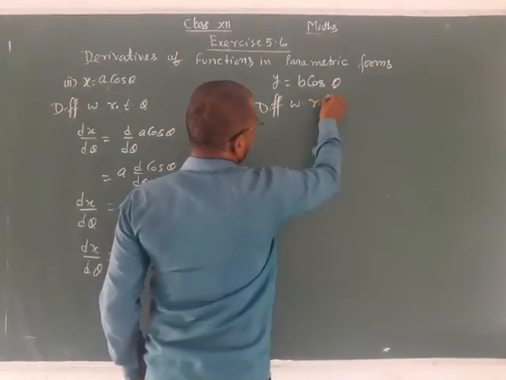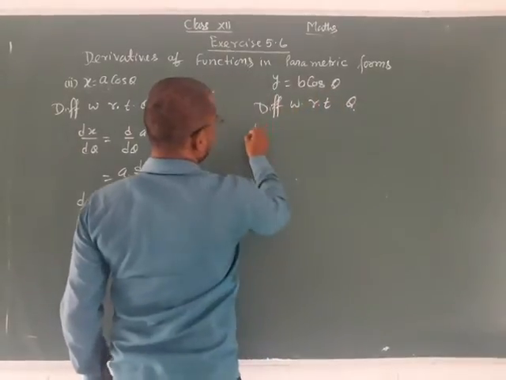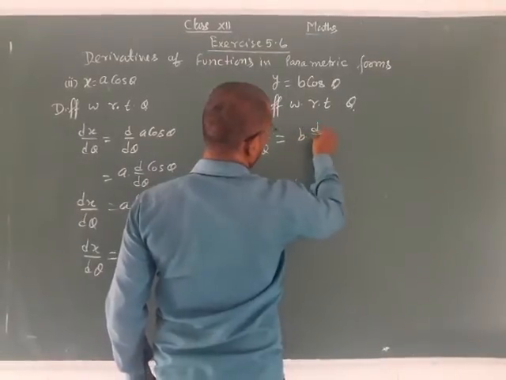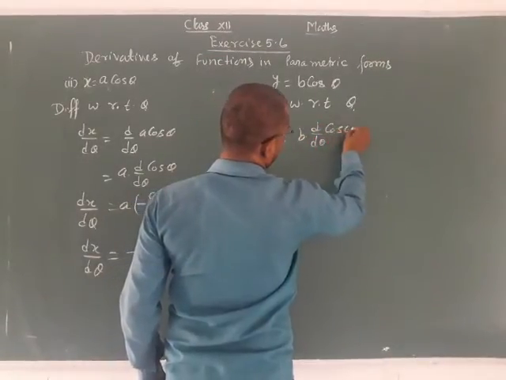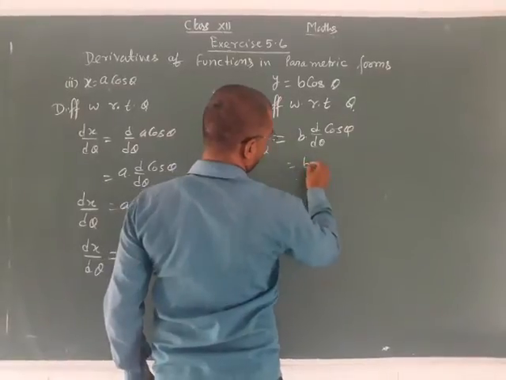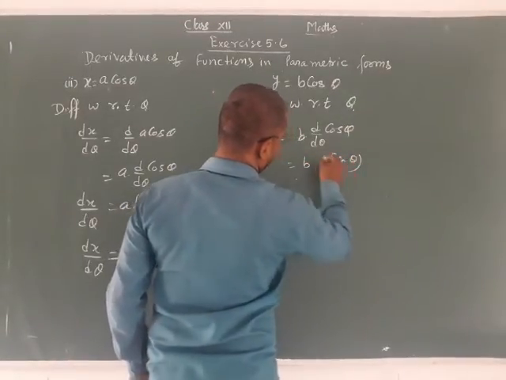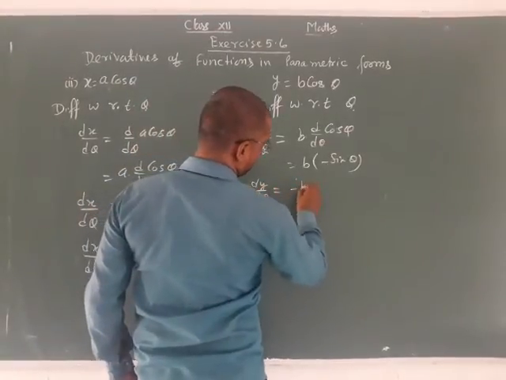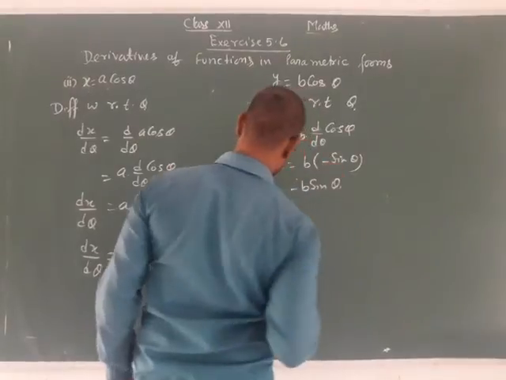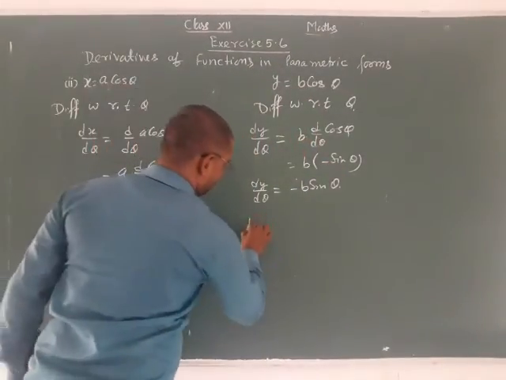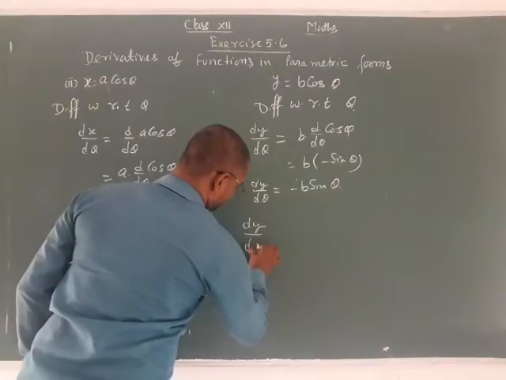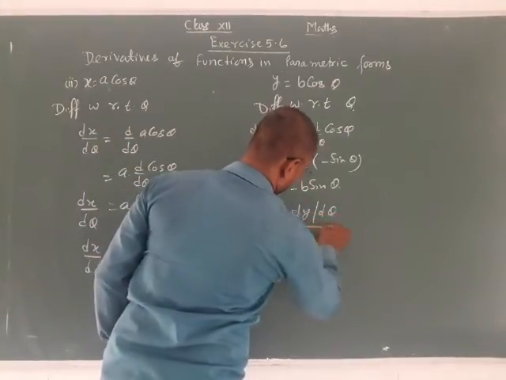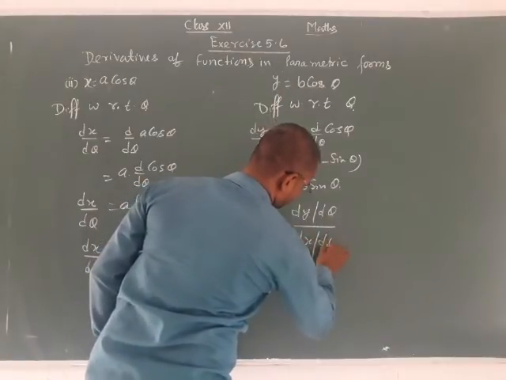And also differentiate with respect to theta. So dy upon d theta is equal to b d upon d theta of cos theta. The derivative of cos theta is minus sin theta. So dy upon d theta is equal to minus b sin theta. Now dy upon dx is equal to dy upon d theta divided by dx upon d theta.